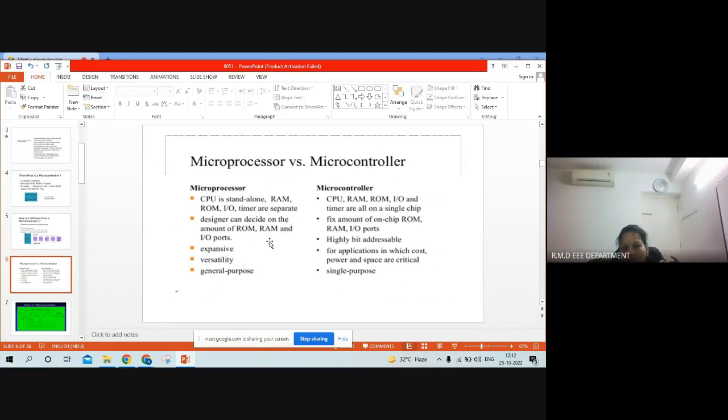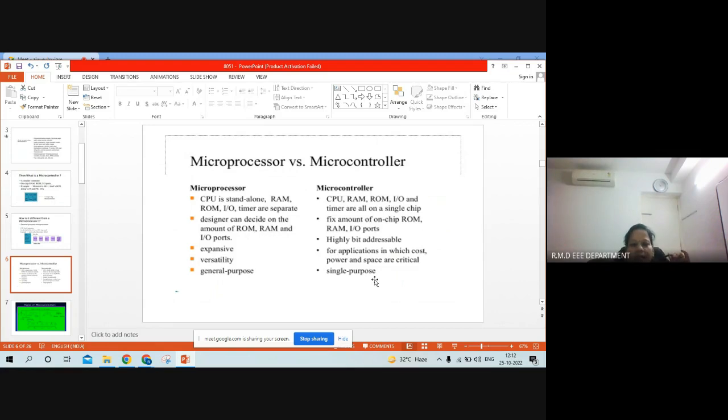The microprocessor can be expanded in the future, but a microcontroller cannot. We go for a microcontroller only for applications in which cost, power, and space are critical. The microprocessor is general purpose, and the microcontroller is meant for a single purpose, because a controller built for a specific function is not suitable for any other application.